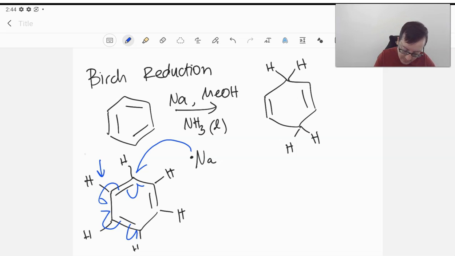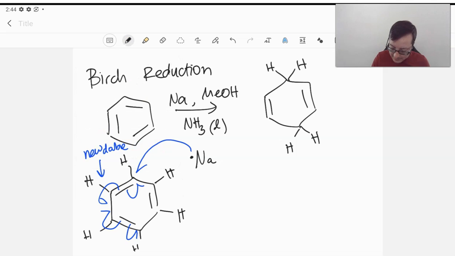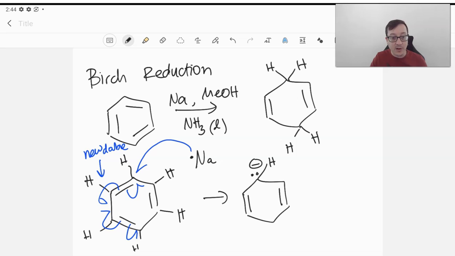This is our new double bond. We're going to end up breaking another 2 double bonds, forming one new one. And if we follow the arrows, what we're left with at the end of this step is we have an anion now at that top position. We have formed a new double bond on the side, and we have a radical at the bottom.